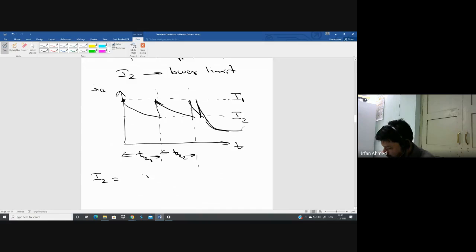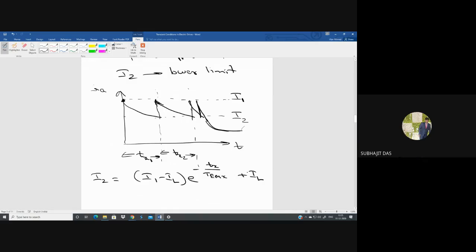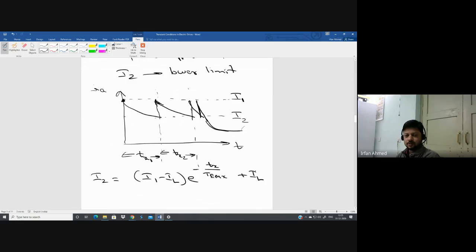It will be I1 minus IL, e to the power minus Tx upon TEMX, plus IL. I have not put 1 or 2 there because it is applicable for 1 as well as 2 as well as 3.